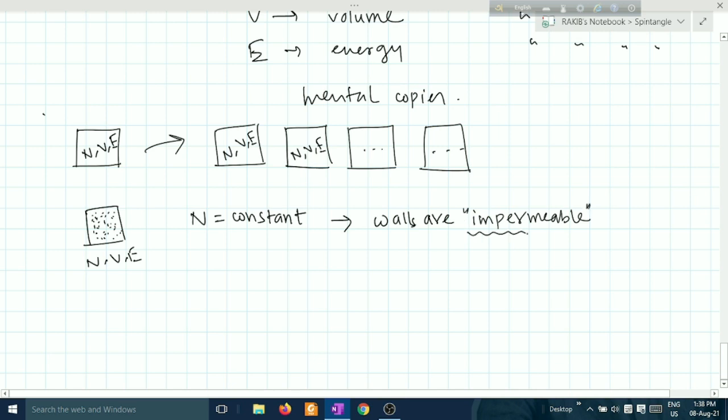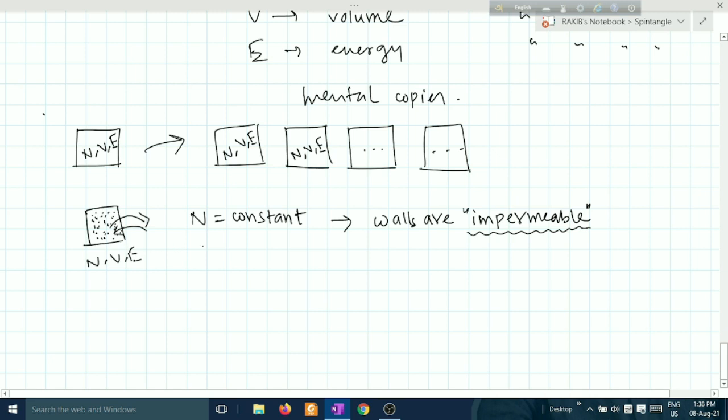What does impermeable walls mean? Impermeable walls resist incoming and outgoing particles. That means no particle can go outside the box, or come inside the box.